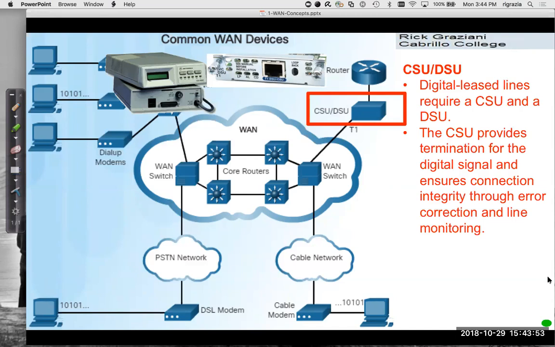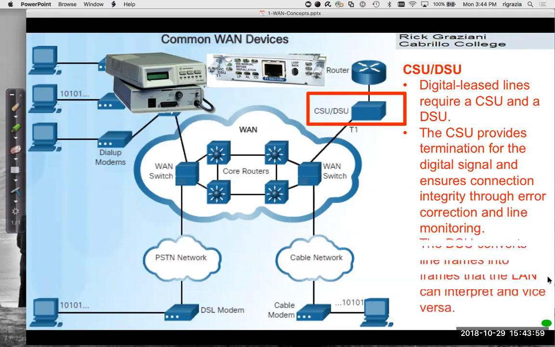I'm trying to remember all the things that we used to have to configure on these things. It converts line frames into LAN signals and framing that the local area network can interpret.